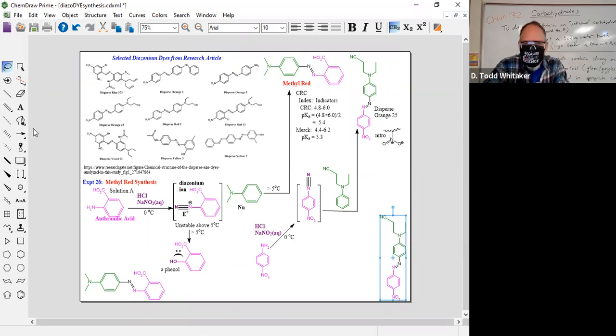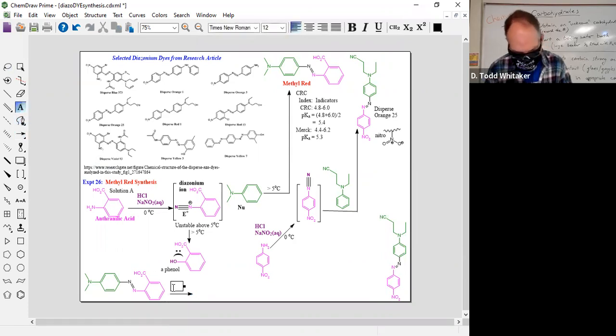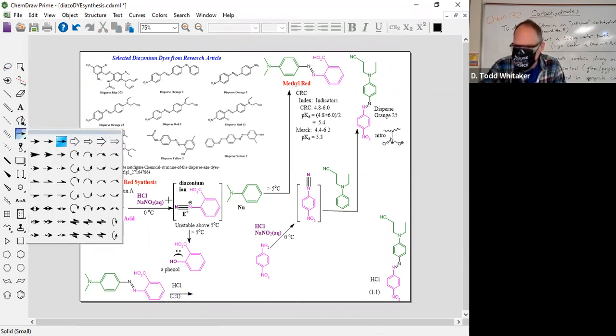And you're going to be asked, what is the product when your indicator reacts with 1 mole of HCl? One to one, I'll just say here. And you need to be able to know which nitrogen picks up the proton, and it has everything to do with resonance.